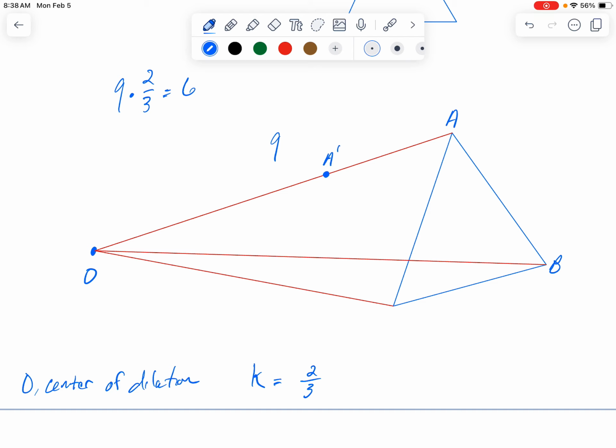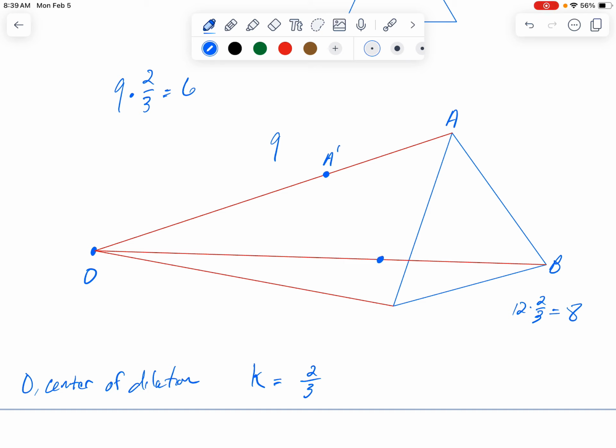Then I would take 12 times the scale factor. When I take 12 times 2/3, 12 times 2 is 24, divided by 3 is 8. So then I would go from the center of dilation 8 along this line, and this is where point B is going to end up.